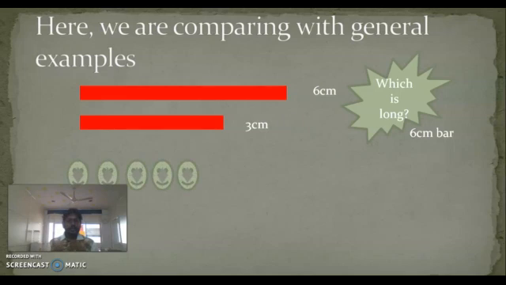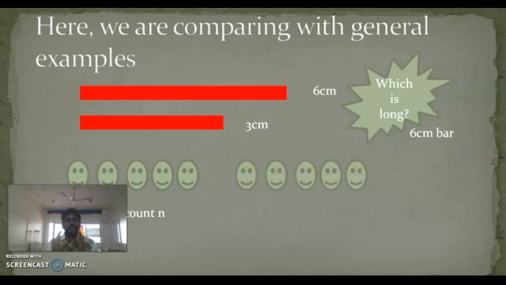Next, another example, having some smiley faces. Now count and write: 1, 2, 3, 4, 5. How many faces are there? 5 faces are there. Next, we go for another example of the same smiley faces: 1, 2, 3, 4, 5, 6, 7.